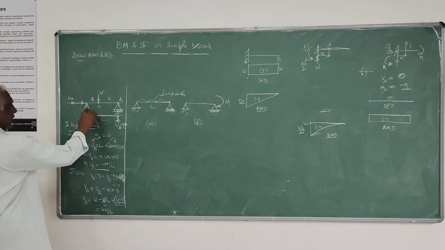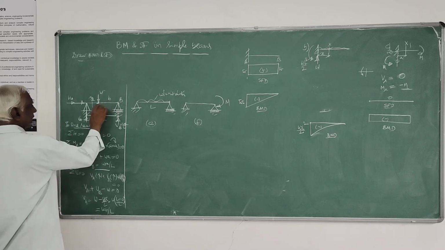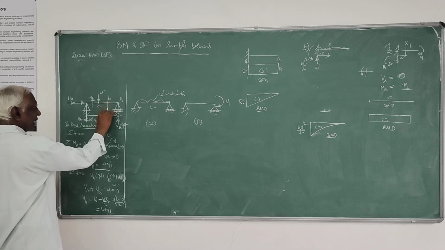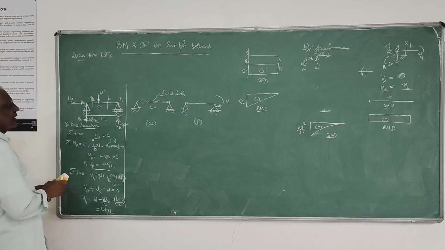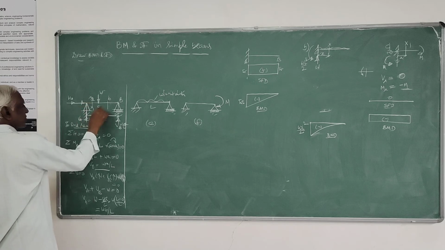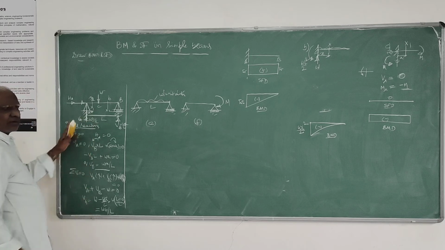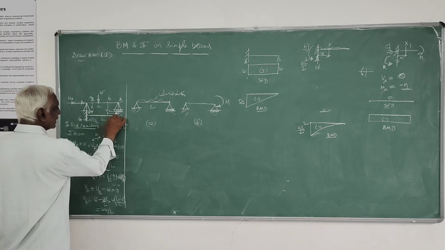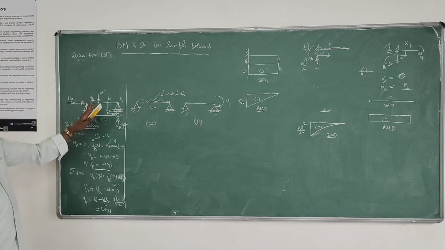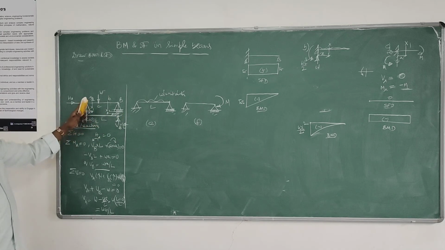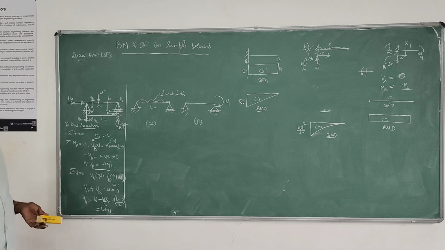Then you can take two sections, one section here and another from this to this. Two sections, x1 and x2: measure the distance x from left here, and from right here. Here we slightly change from left to right, right to left, so A to C and B to C, so that the entire beam will be covered.